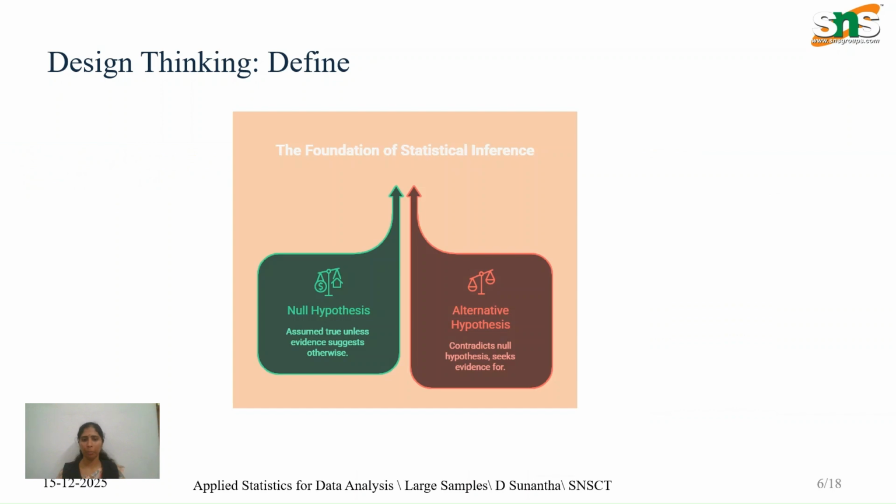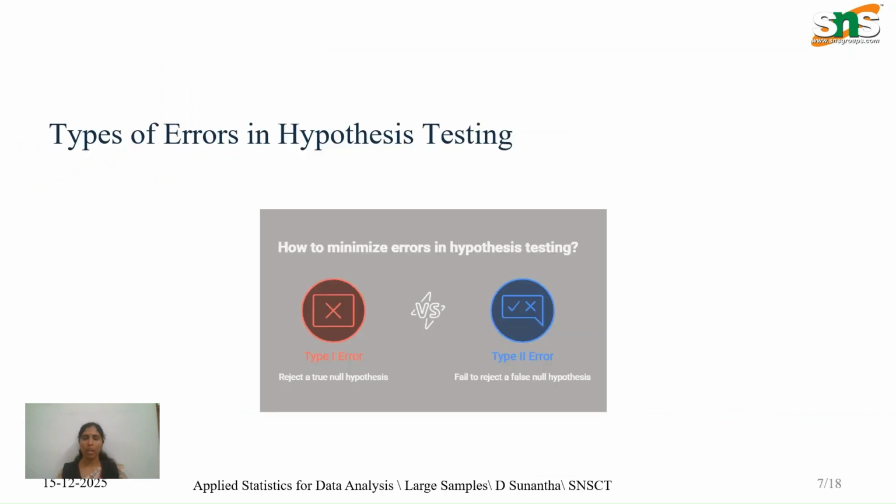Next is the define part. As I have said already, the null hypothesis is framed in such a way that the claim is tested for possible rejection. Then the alternative hypothesis is the contradiction of our null hypothesis. Then we need to judge two things. The first one is type 1 error and the second one is type 2 error.